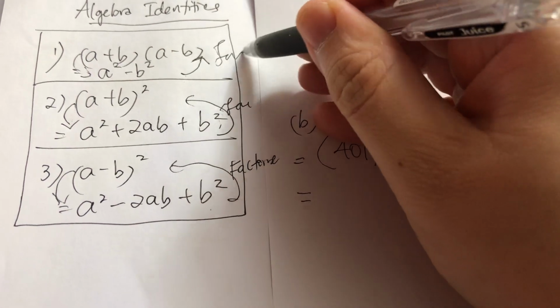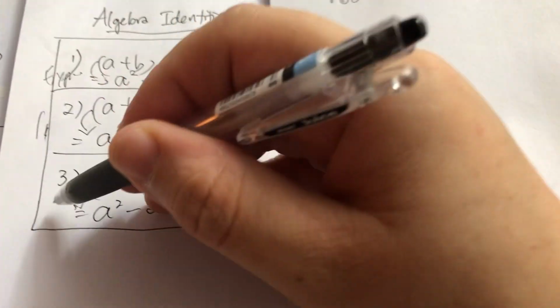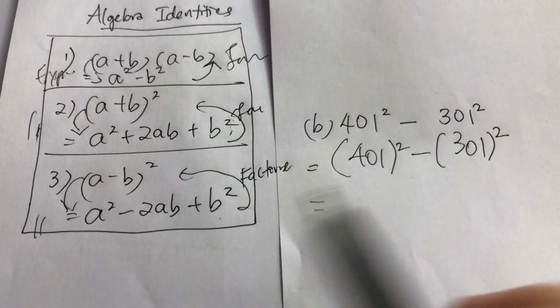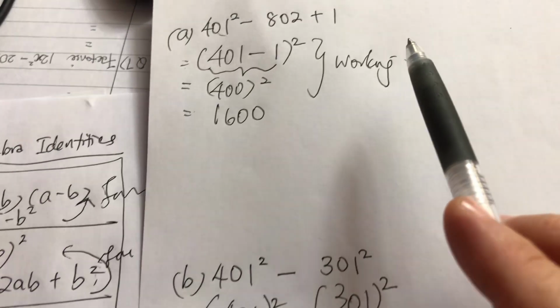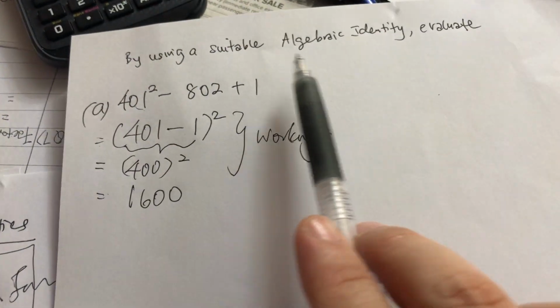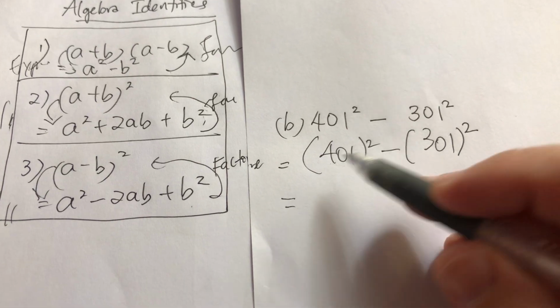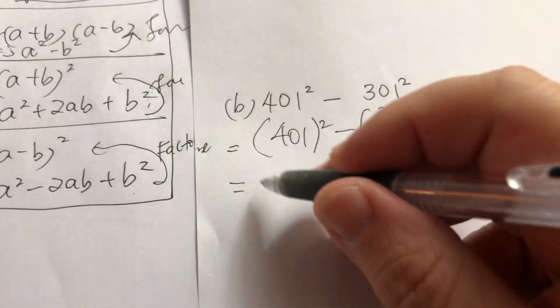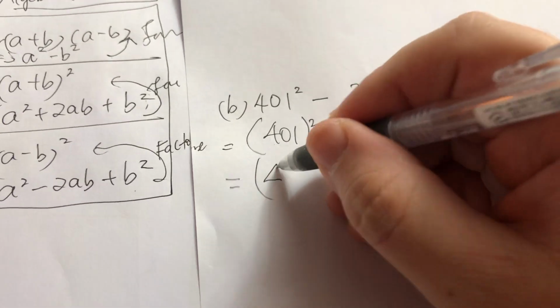This way is expansion. Alright, so you have to be familiar with these three when they ask you to apply algebraic identity.